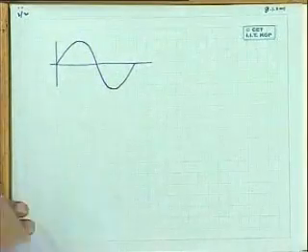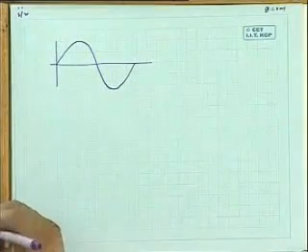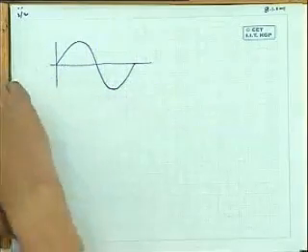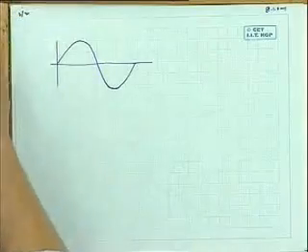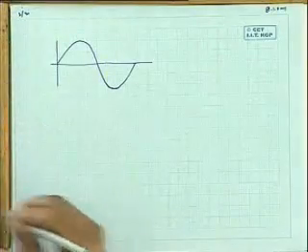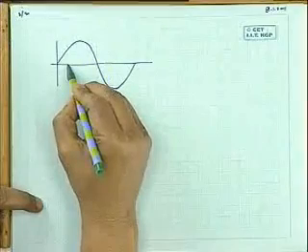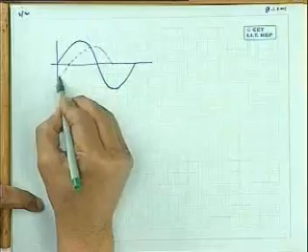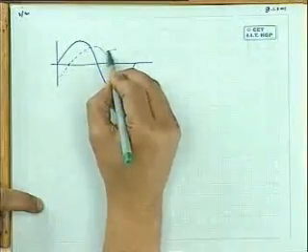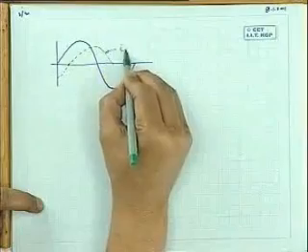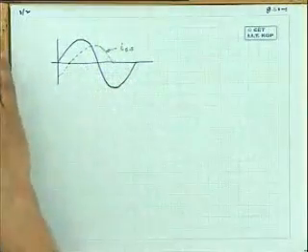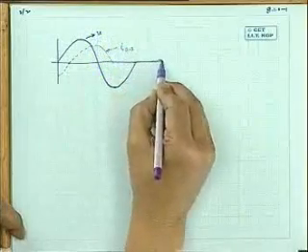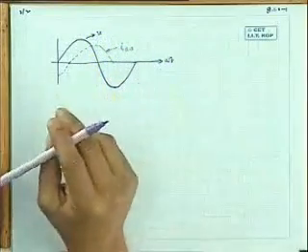Let us consider an inductive circuit, where the current response will be lagging the voltage in the steady state. The steady state current response is like this. This is the steady state current, and this is the voltage, and this is the time axis, omega t.